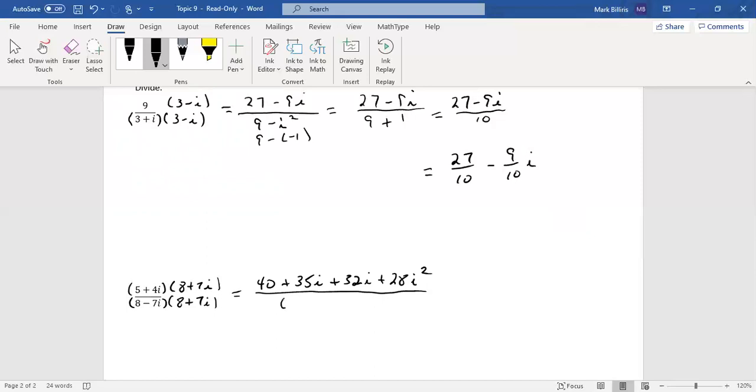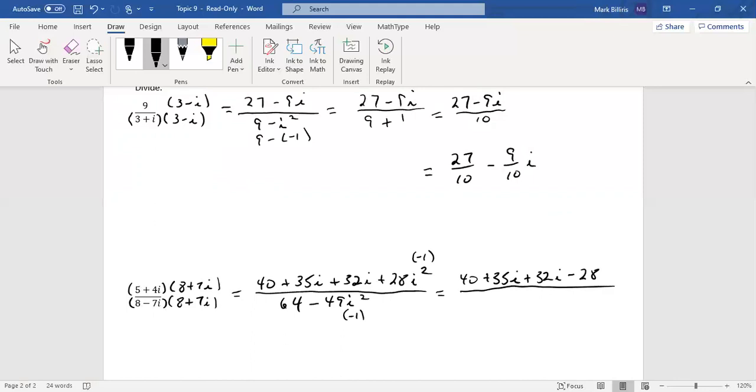In the denominator, we can use the shortcut because we're multiplying a factor times its conjugate. So 8 times 8 is 64, minus a negative 7i times a positive 7i is 49i squared. Anywhere I have an i squared, remember that would be a negative 1. So in the numerator, I have 40 plus 35i plus 32i, and here I have positive 28 times negative 1, which is a negative 28.